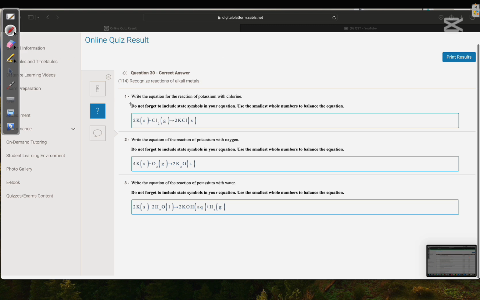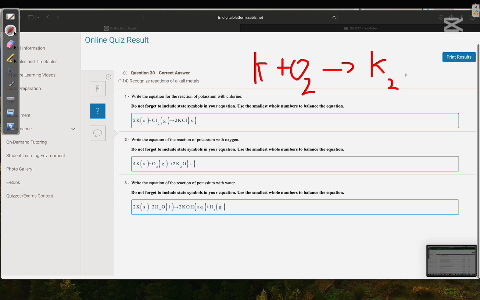Okay, write the equation of the reaction of potassium with oxygen. So K plus O2 will give K2O.